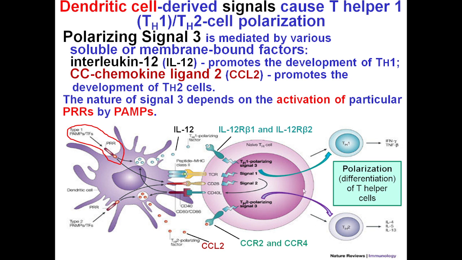Of course, in this maturation of the naive T helper, a very important role is played by the cytokines that are produced at the same time by the mature T helper that occurs near this naive cell. For example, interferon gamma of the T helper type 1 also establishes a very powerful humoral signal that stimulates maturation of the T helper 0, the naive T helper cell, to the T helper type 1.